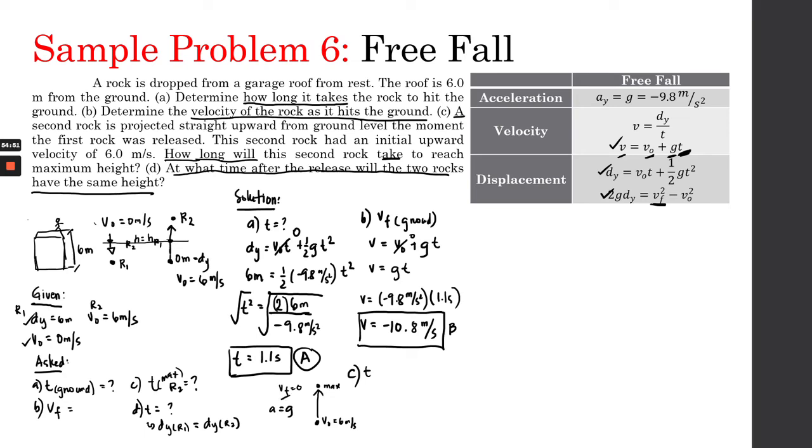So we have the final velocity, we have the initial velocity, and we have the acceleration. So from here, it is quite easy to identify which one are we going to use, and that is still this one. So to solve for time, we just have to use this. Velocity is equal to the initial velocity plus gt.